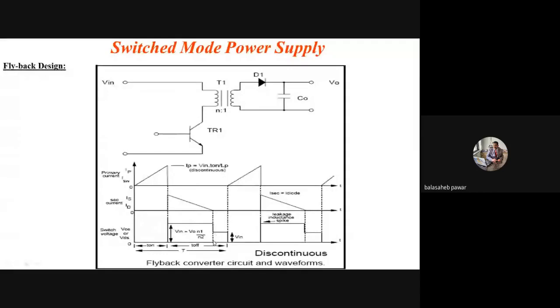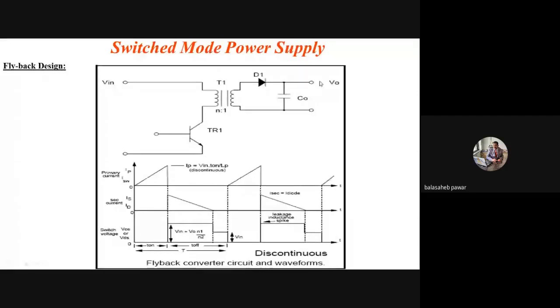Later on what happens? The secondary current goes to zero. Correct. Whenever the secondary current goes to zero, it indicates what? The discharge of that primary takes place completely. It gets totally discharged because that stored energy gets transferred to the secondary side, and through this diode we are utilizing the output voltage. Correct?